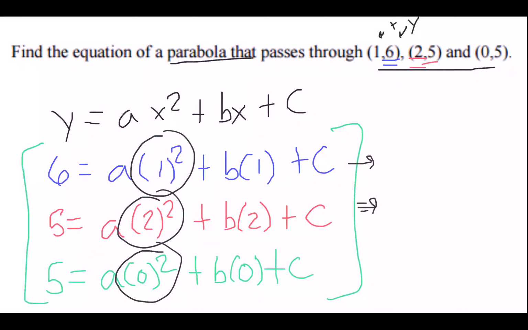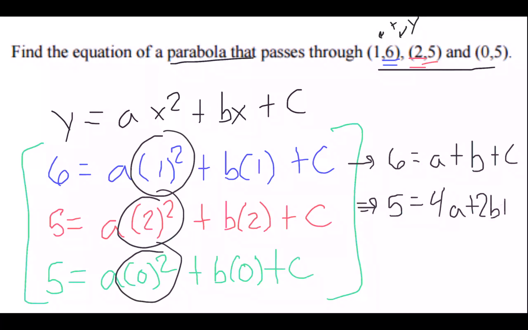This one becomes 6 equals a, because 1 squared is 1, so a plus b plus c. This one becomes 5 equals 4a, because 2 squared is 4, plus 2b plus c. And this one is really nice because a times 0 gives you 0, so you end up getting 5 equals c.